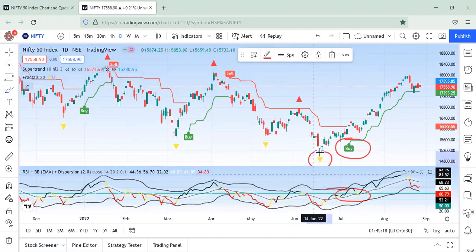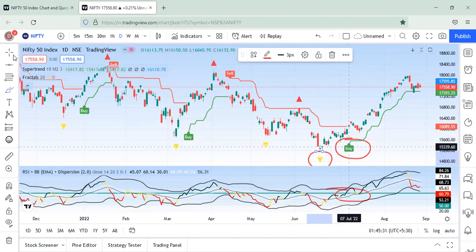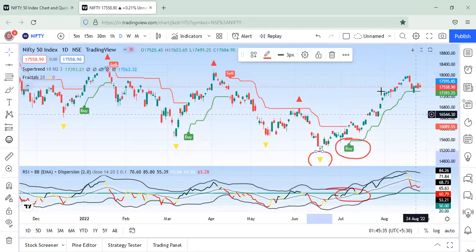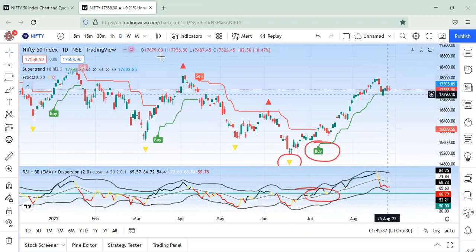So this signal came first. RSI was down and is trending up. RSI crossed 50, the momentum starts, and thereafter you see this Supertrend indicator set up buy. Now this Supertrend is flat here.